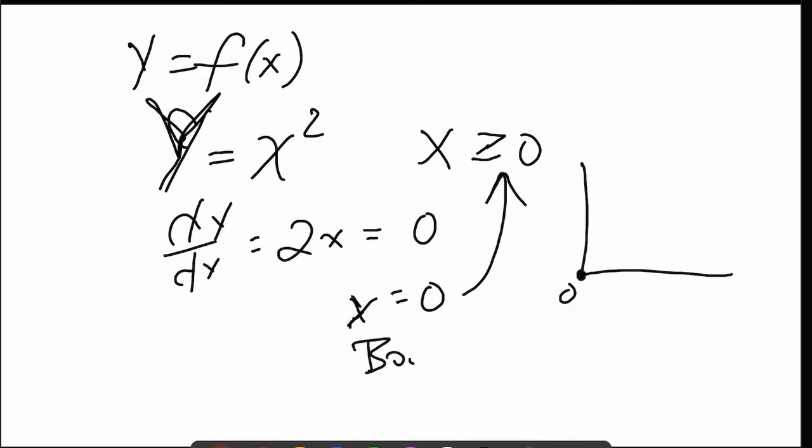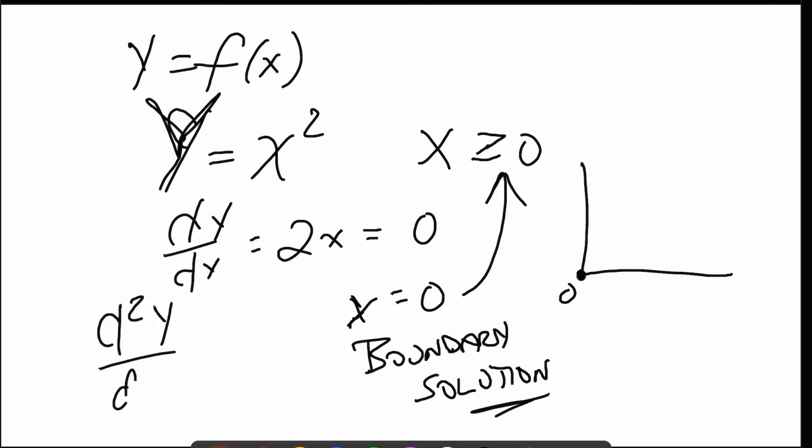That's a boundary solution. Okay? Yeah? And because the second derivative is equal to 2, which is greater than 0, that's the minimum. Well, what if I want to max this? Well, then I have another problem. Okay?